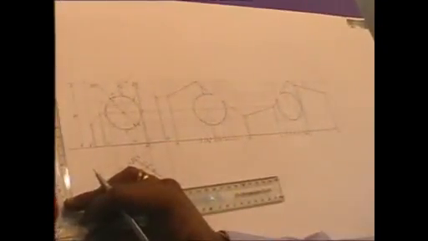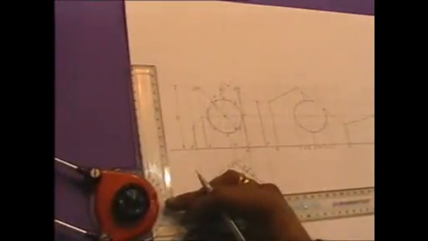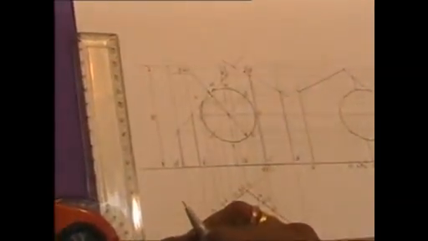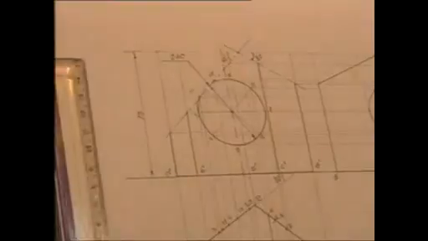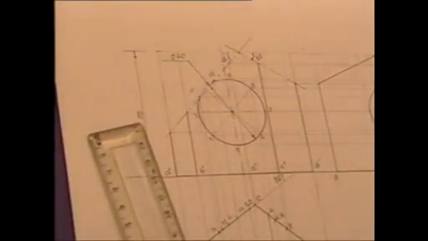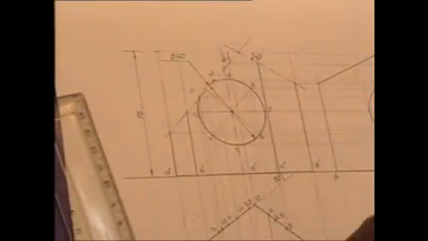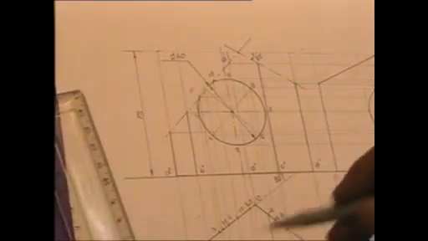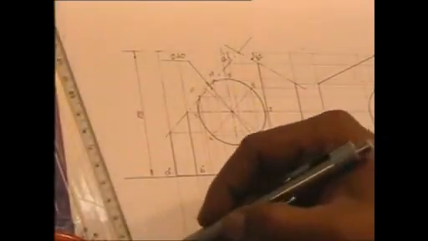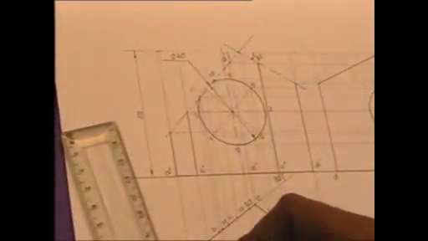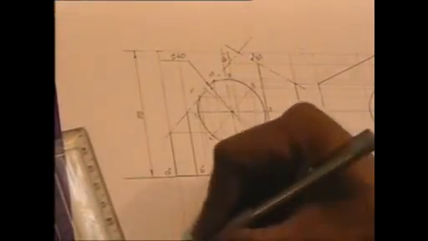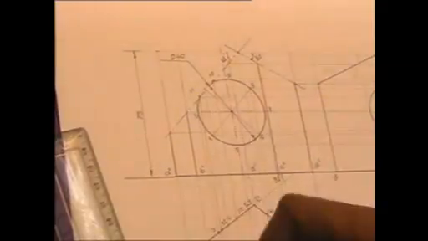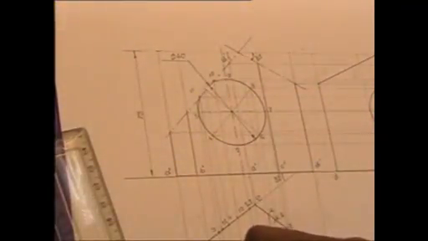So the dimensioning part is also very important. And in the top view, the only thing that is shown is the side of that pentagonal prism, the side of the pentagon, which was given to us as 50 millimeters. That will be marked to complete the solution of the problem.